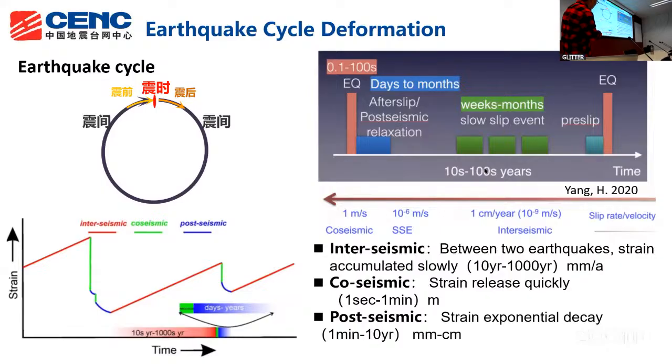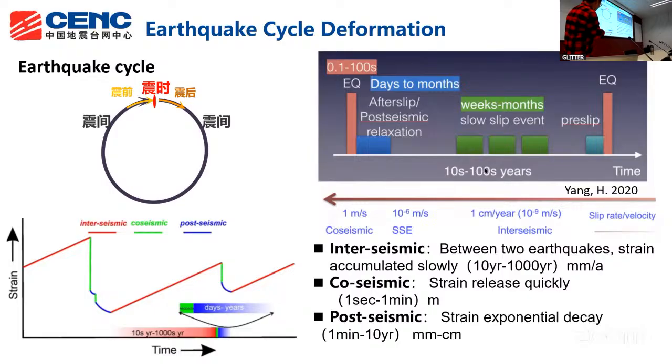And after here, the crustal strain energy has accumulated to its maximum. So at this point, boom, the earthquake occurs. The co-seismic stage is very fast, from seconds to minutes. In this stage, the strain is released very quickly.